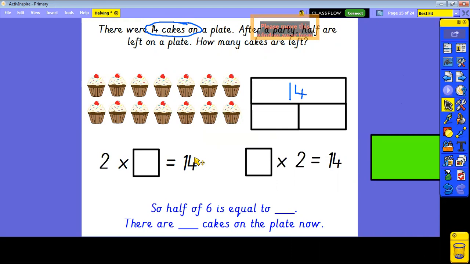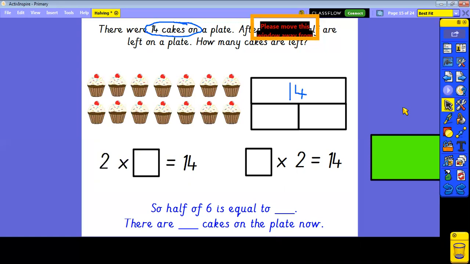Or because we know that multiplication is commutative, so many groups of 2 equals 14. So that means that I need to count in my 2's and I'm going to stop when I reach the number 14. Why don't you pause the video and have a go at doing that, and then we'll do it together and you can see if we get the same answer.